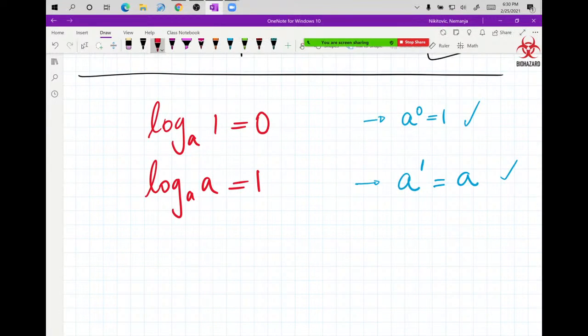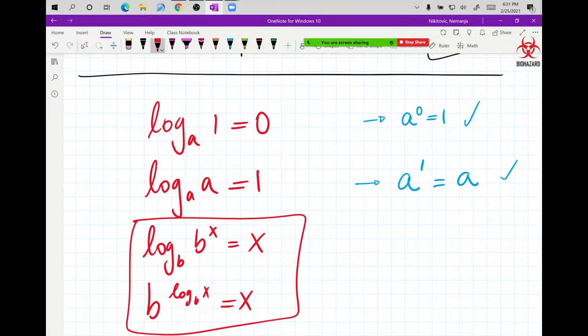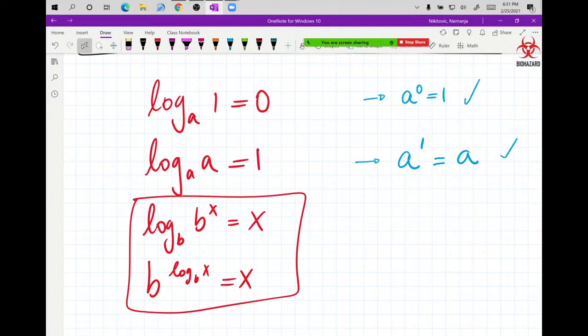The other two rules are a little bit spicier to understand in the beginning, but they work the same way. Actually, no, this should not be spicy to understand. Who can tell me what this actually is? Let's see who's ready for tomorrow, because this is definitely on the test tomorrow, not with logs, but this is definitely on the test tomorrow.